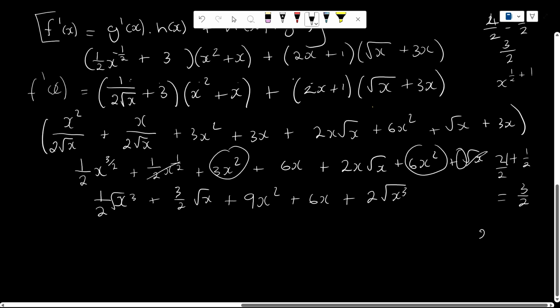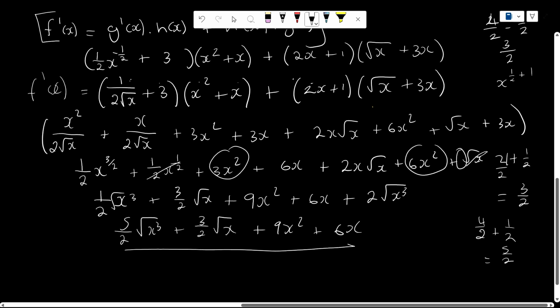If you add 2 plus a half that will give me 5 over 2, and hence here I have 5 over 2 square root of x cubed plus 3 over 2 square root of x plus 9x squared plus 6x, right?